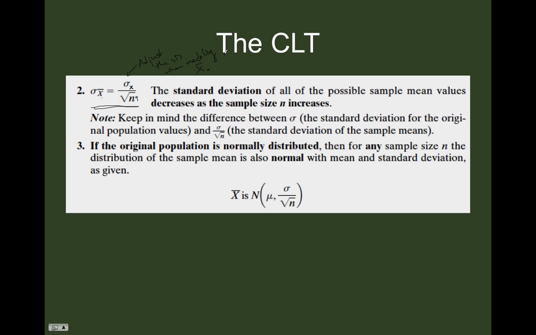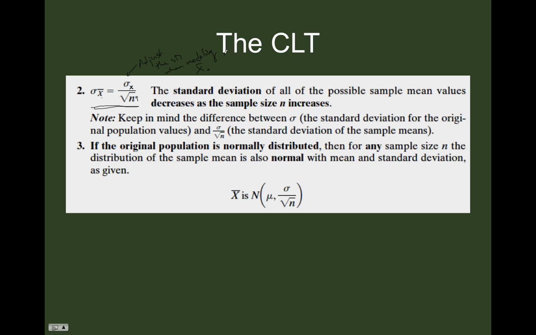So part 3 of the central limit theorem tells us that if the original population is normally distributed, then for any sample size n, the distribution of the sample mean is also normal. And it's going to have the given mean and standard deviation.